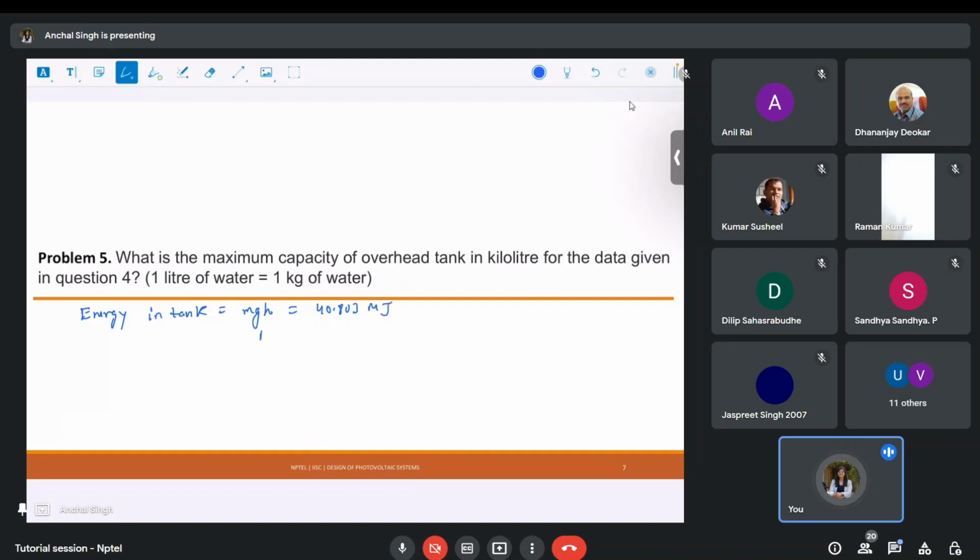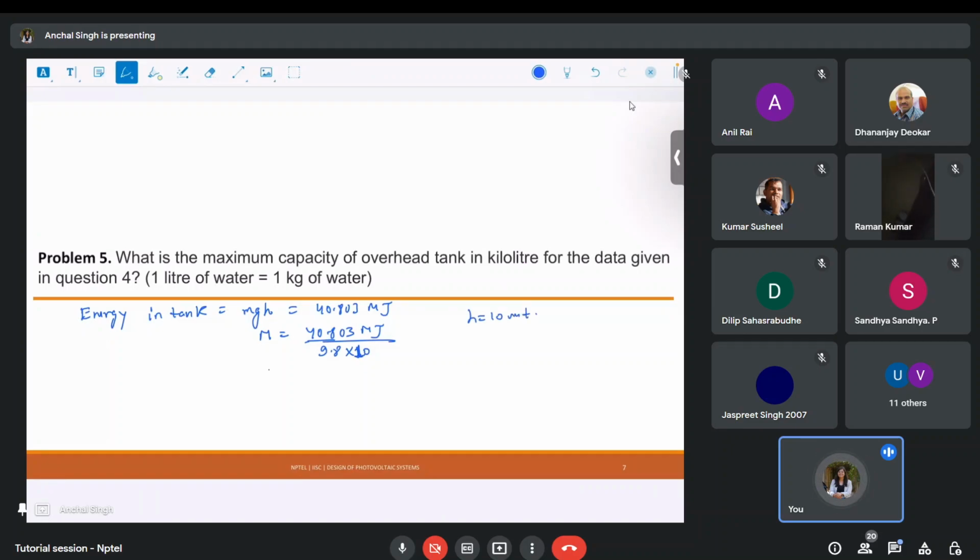Then from that we can calculate mass as 40.803 megajoules divided by the acceleration due to gravity, let us assume it as 9.8, and the height is 10 meters. It was given in the previous question, right? H is equal to 10 meters.